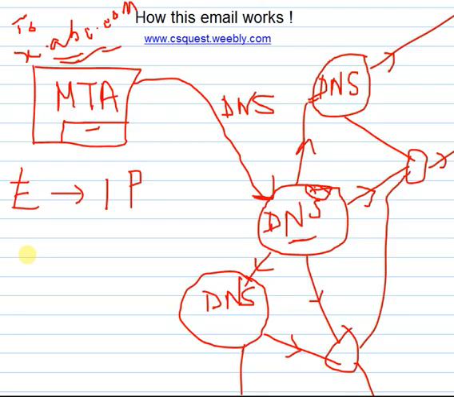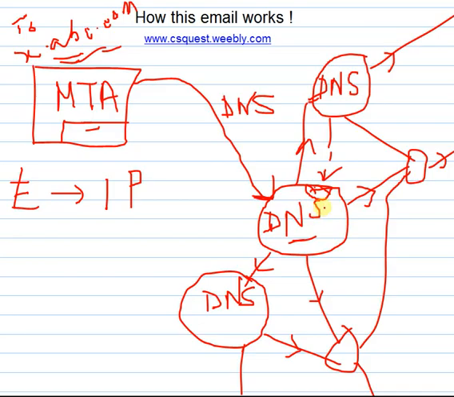Now once it sends, if it is present somewhere, suppose the neighbor DNS contains the information, then what will it do? It will feed back immediately, saying yes, I have the IP address regarding this email address, so take this.